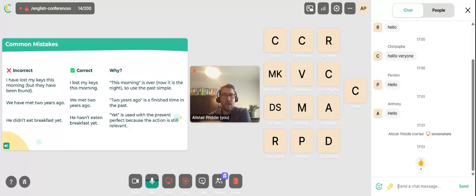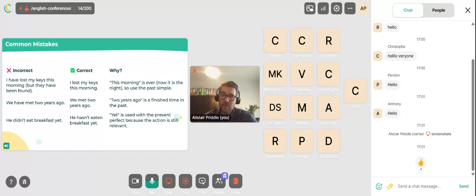So we've got this time marker or time phrase, ago. It's very much connected to a completed action in the past. Whether we say 2 years ago, 2 hours ago, 2 months ago, or 100 years ago, if we want to use ago in a sentence in English, we must use the past simple.